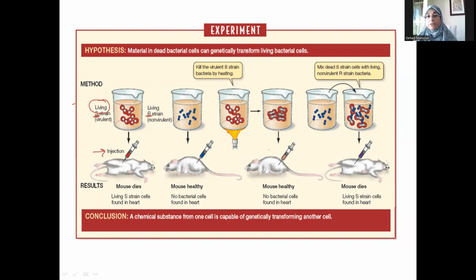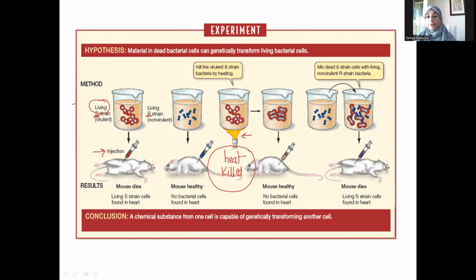And then we start heating the culture where the virulent bacteria are present. This is the flame. So we kill them. And now the S strain is called a heat-killed S strain. Why are we specifying? Because there are several ways of killing bacteria, and this is one way of killing them.